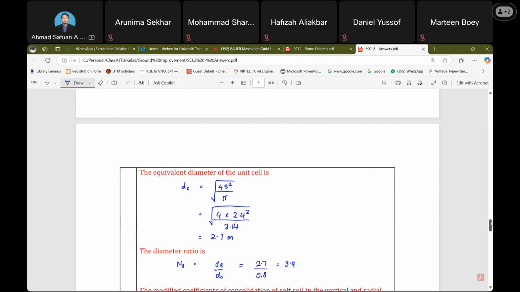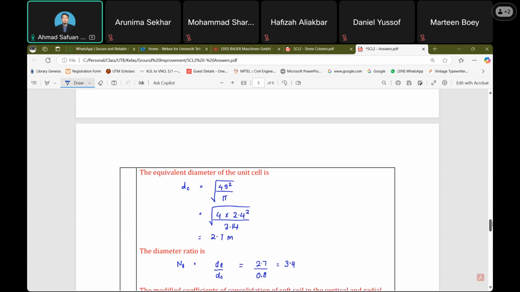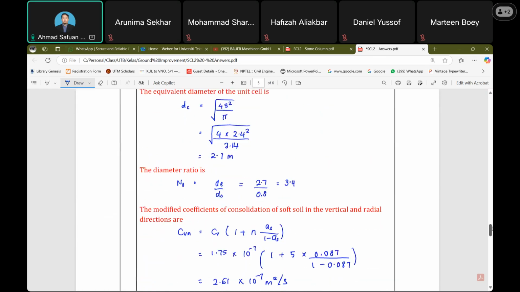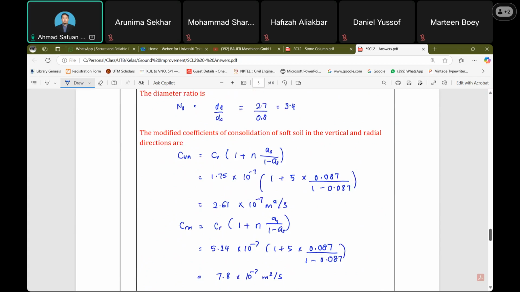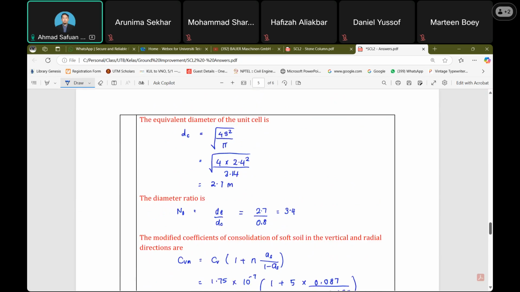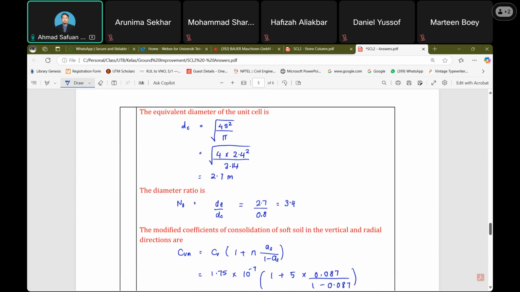So the equivalent diameter of the unit cell, DE. Why do we need to get the DE? Because we want to get the ND. The ND will later be used to get the CVM and CRM. So then DE is equal to 2.7, while the ND is equal to 3.4.